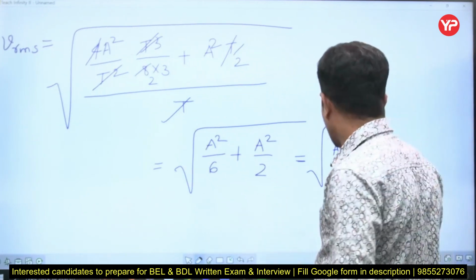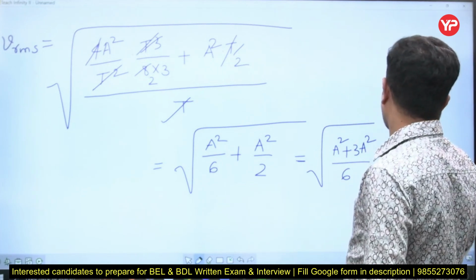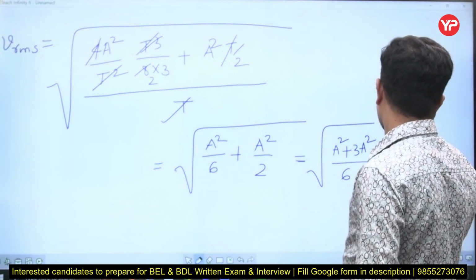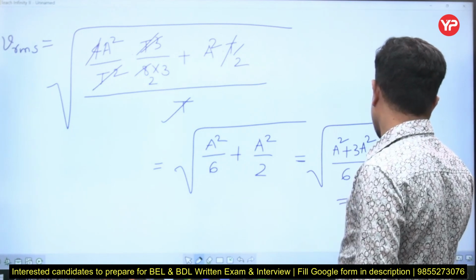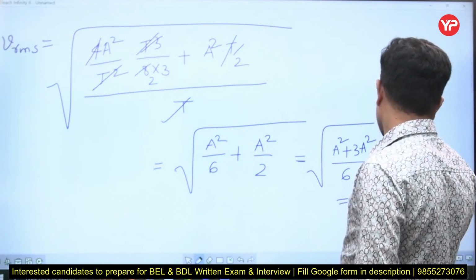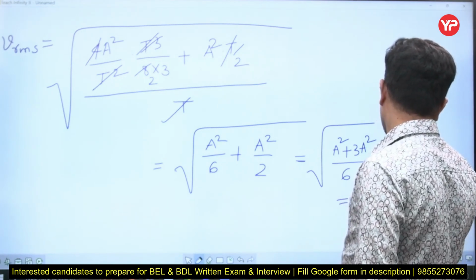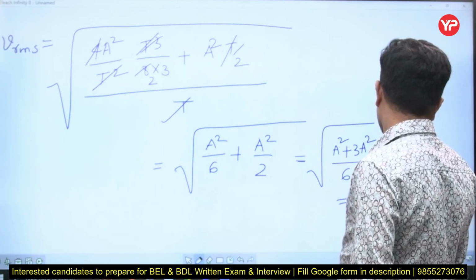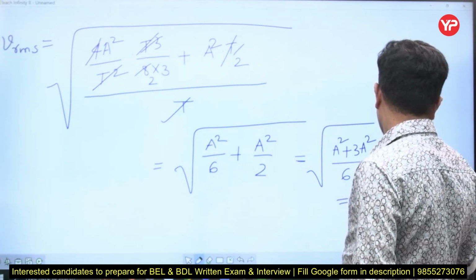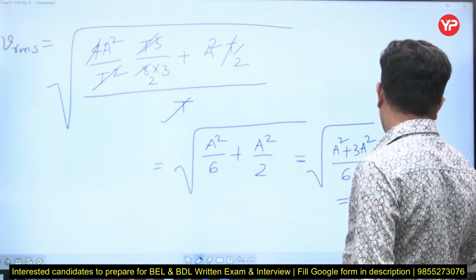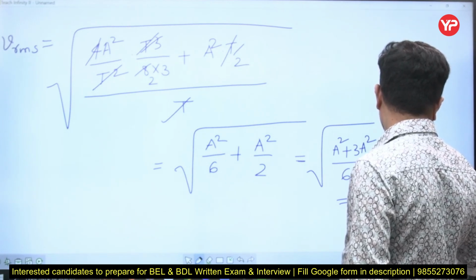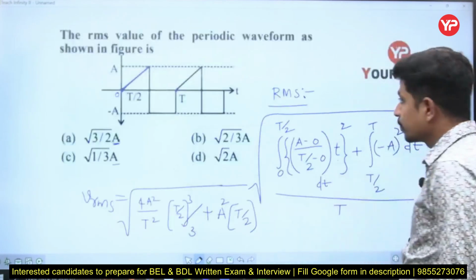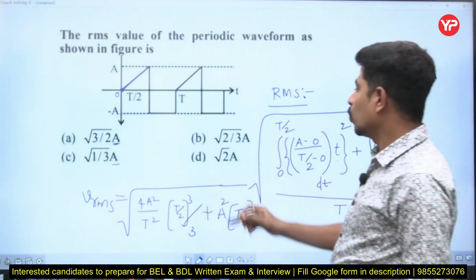So from this we get under root of 4A square, that is 2A by root 6. Now 2A by root 6, A into root 2 by root 3 into root 2, root 2 gone, that is root of 2 by 3 A.